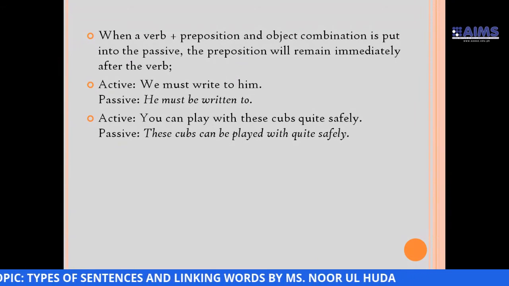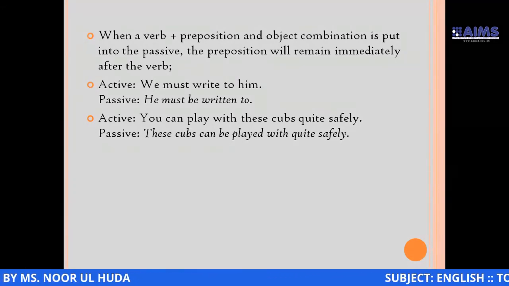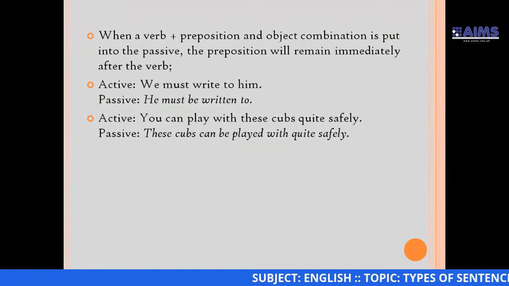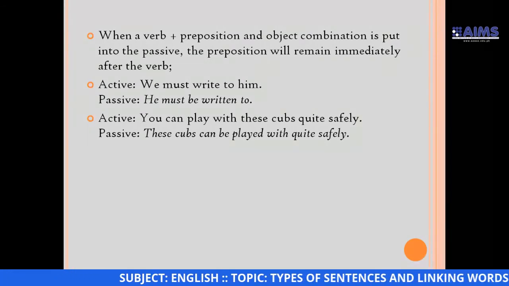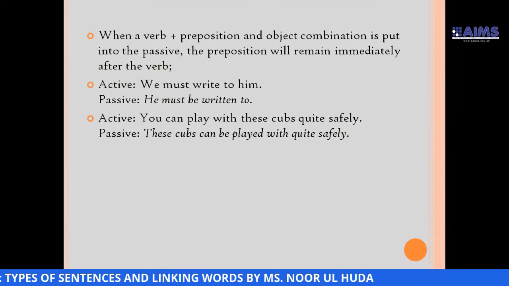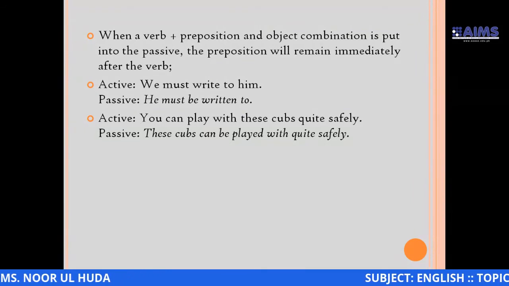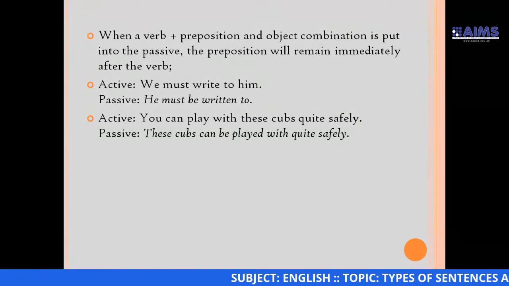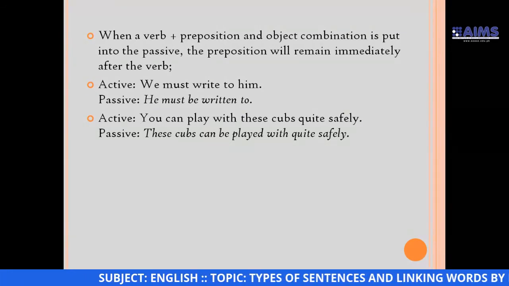The preposition remains after the verb. Like, you can play with these curves quite safely. So, these curves can be played with quite safely, because the adverb is here, so we can use it that way.